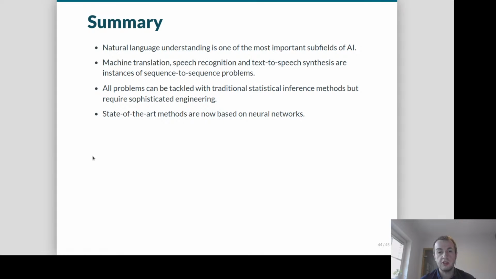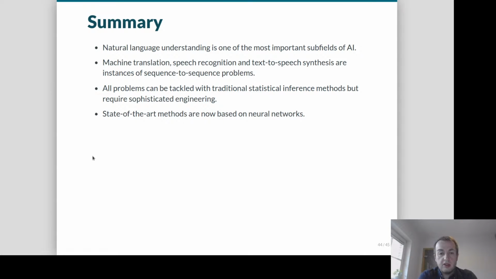Machine translation, speech recognition, and then text-to-speech synthesis can all be framed as instances of the same problem, a sequence-to-sequence problem. All of them can be tackled either with traditional statistical inference procedures, and we've seen a few today, but also I think you've realized that to do that properly, it requires some kind of sophisticated engineering, which is motivated by some domain knowledge.